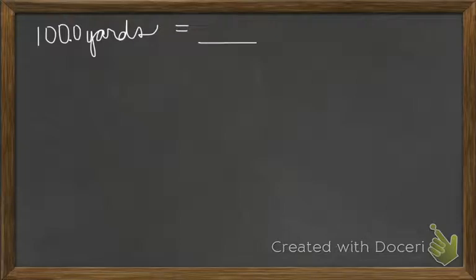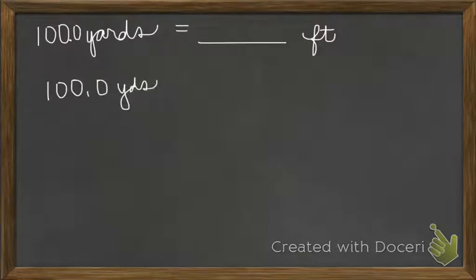What if I wanted to know how many feet is 100 yards? Well, you know that there are 3 feet in a yard. So I have to start with what I'm given, 100 yards. I'm going to set up a conversion factor.